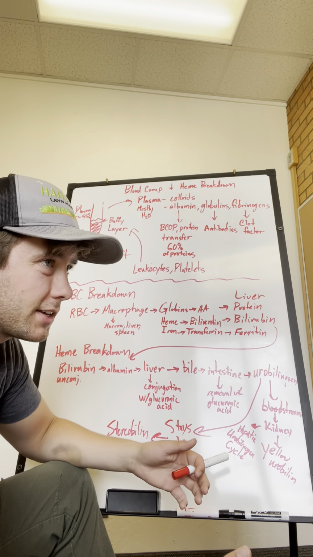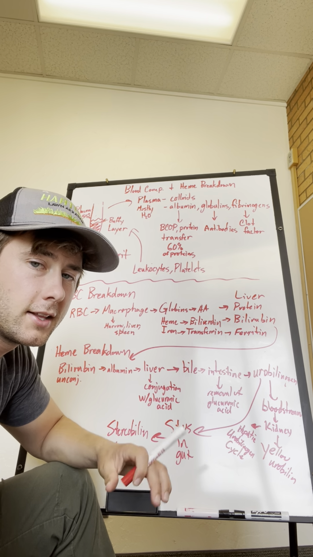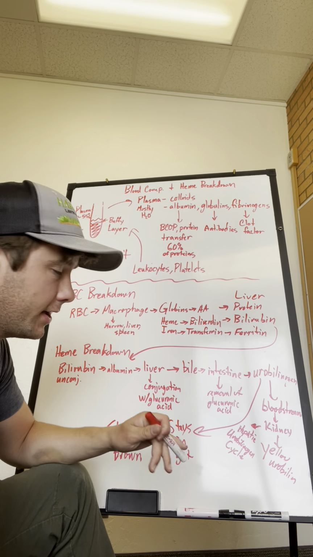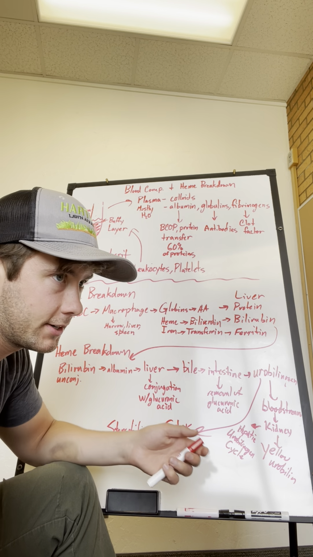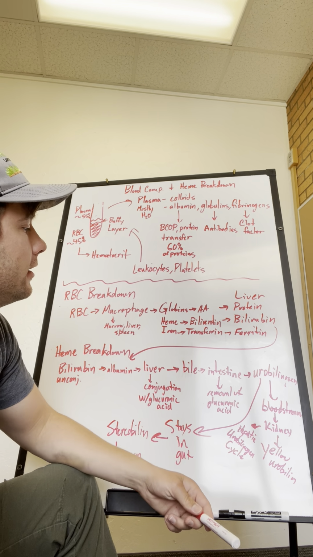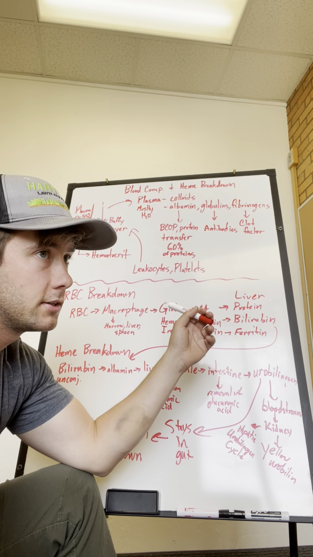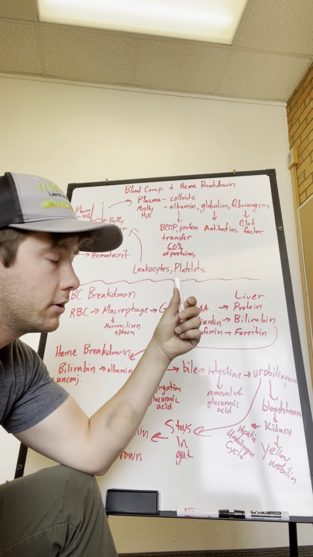If it stays in the gut, then bacteria is going to continue to break it down. That's going to turn it into stercobilin, which has a brown color to it, and you just excrete that. And then also your urobilinogen can be taken up by the gut into the bloodstream.